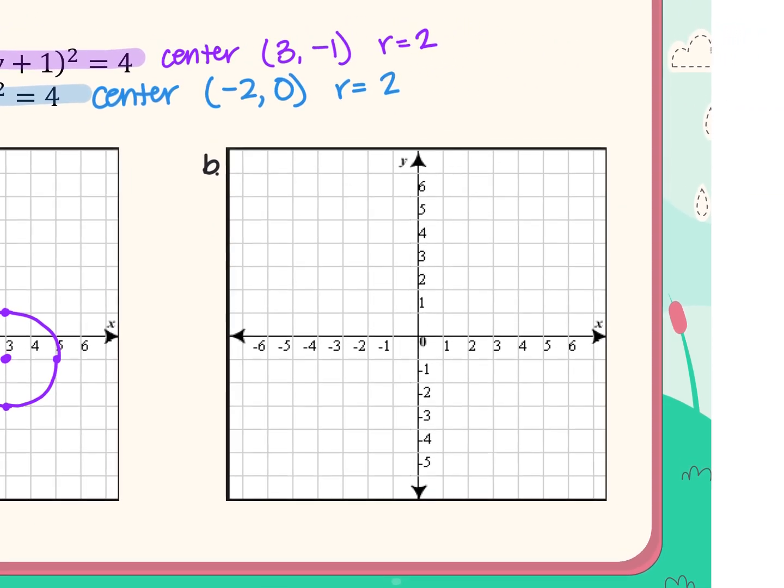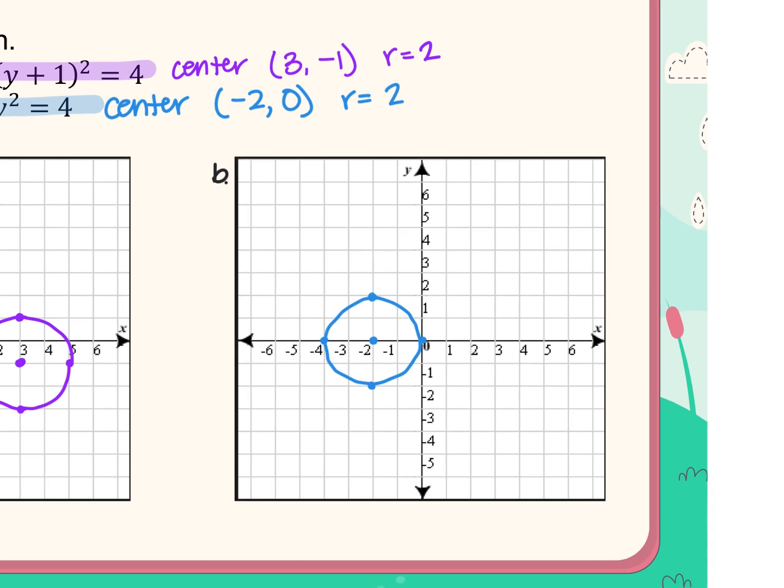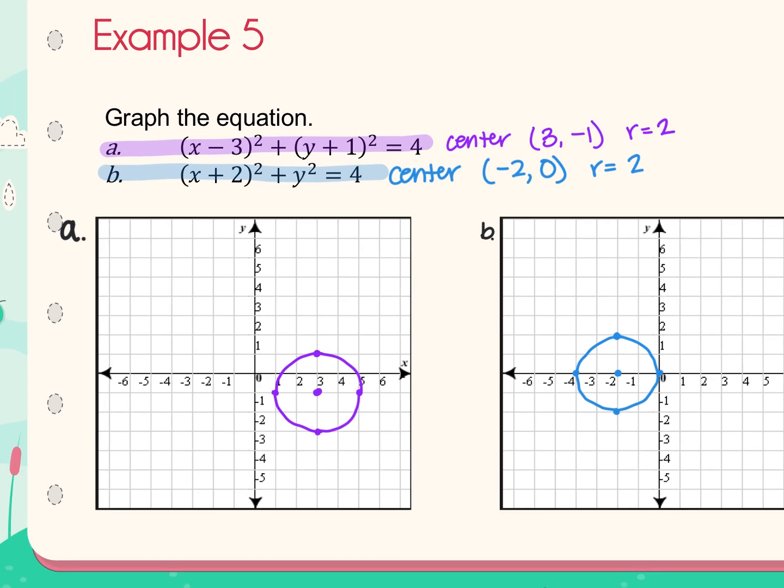So again, looking at my B, my center's at -2, 0. And then my radius is still 2. So 2 to the top, 2 to the bottom, 2 to the right, and 2 to the left. And then connecting my dots. Should look something like that. Any questions on graphing the equation?